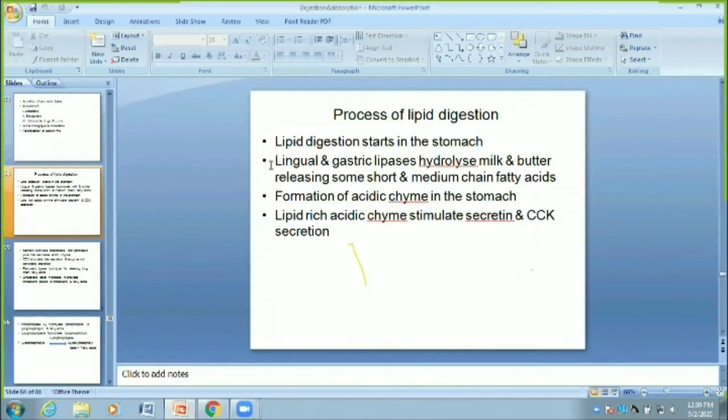Is it clear? They act on butter and milk fat. They can act in acidic medium. That's why they are called acid stable lipases.